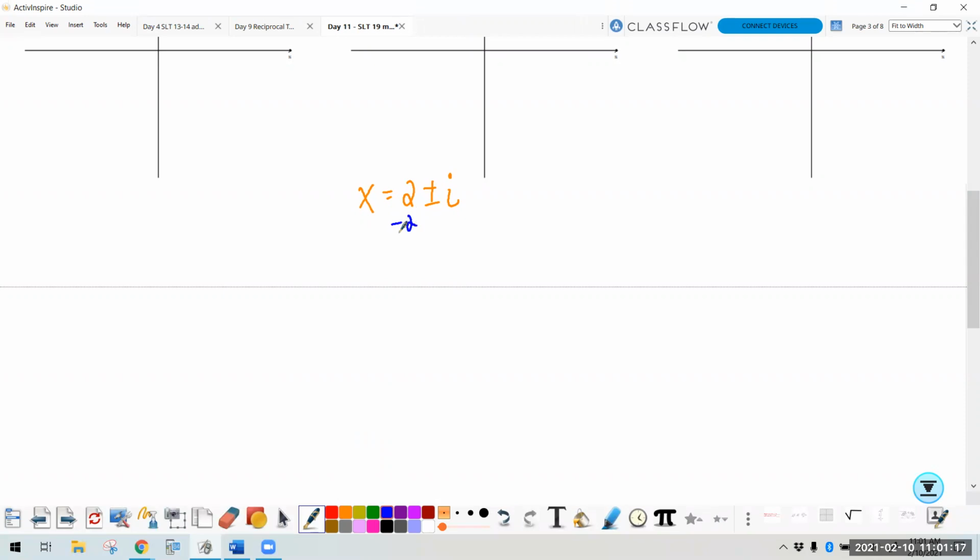So I'm going to take the 2 and move it back over here with the x. Then to undo this i, to change that back, that would have been plus or minus the square root of -1. But now to get back again, I'm going to square both sides.